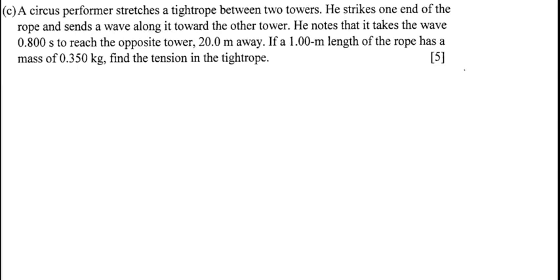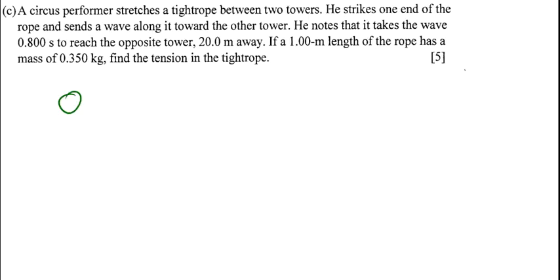He notes that it takes a wave 0.800 seconds to reach the opposite tower, then 20 meters away. If a 1.00 meter length of the rope has a mass of 0.35 kg, find the tension in the tightrope. So basically here is just a simple principle which we have to apply.